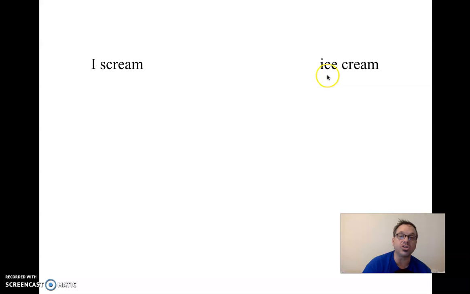This seems to get a stronger stress on the entire word. Ice cream, right? Whereas here it's very strong on the I sound, but not so much on this part. Also, right, we have a bit of a pause here in this juncture. Ice cream, right? Ice cream.